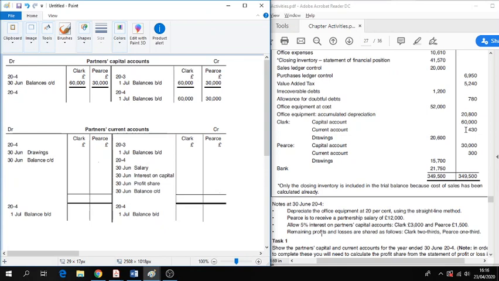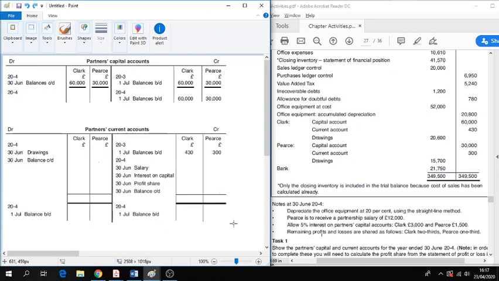We need to use the balances. Okay, we need to consider the salary, the interest and capital, and the 2/3, 1/3 profit share. Okay, and take all of that information and put it into here. So let's have a look.